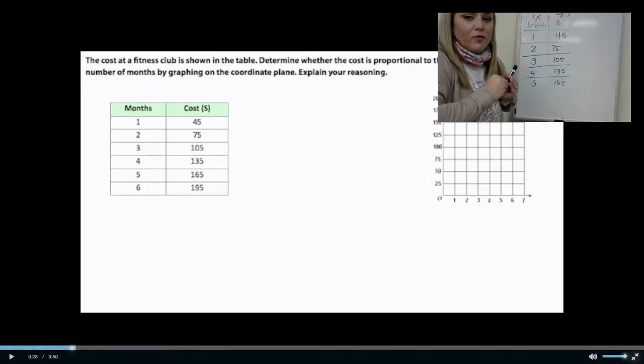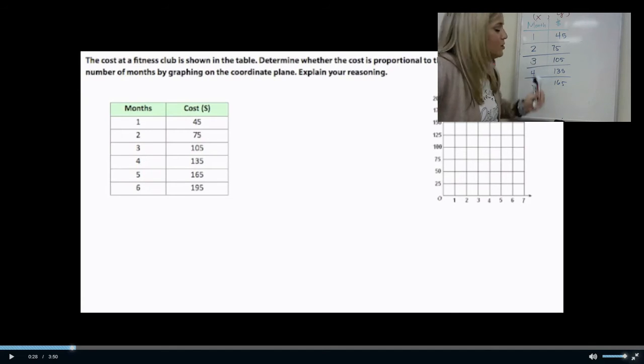So if I go over, because you walk across the lobby before you go up. Remember, take the elevator. You got to walk across your lobby to get to the elevator before you can go up or down. So if we go over 1 and then we go up to 45, there's not really 45, but it would be like right here where this 50 is, okay? And then if we went over to 2, we go up to 75 right here. Okay, so it looks kind of like straight right now.